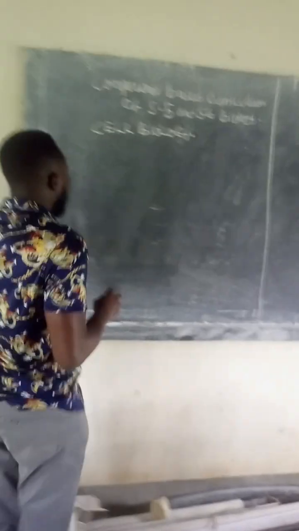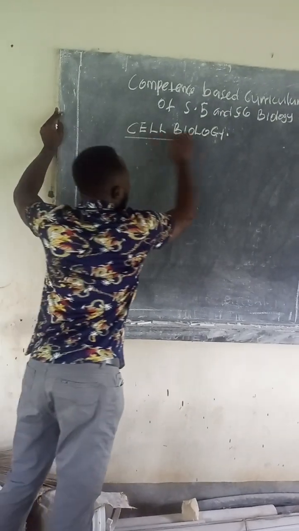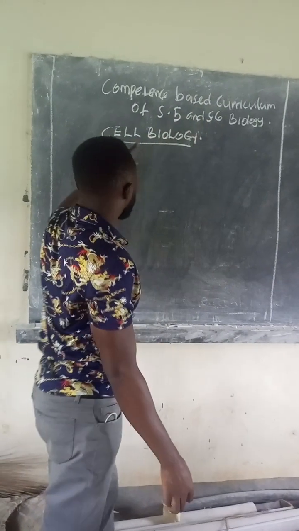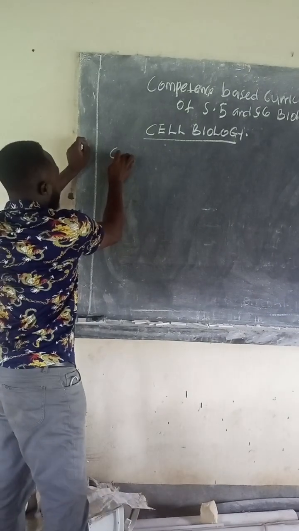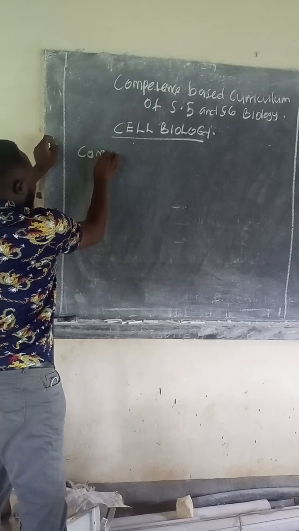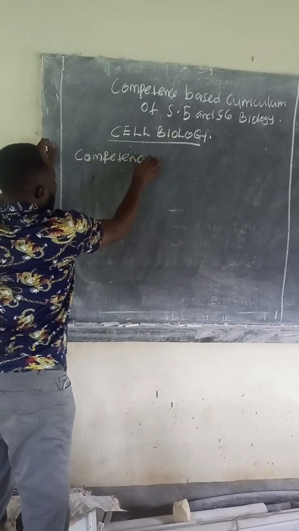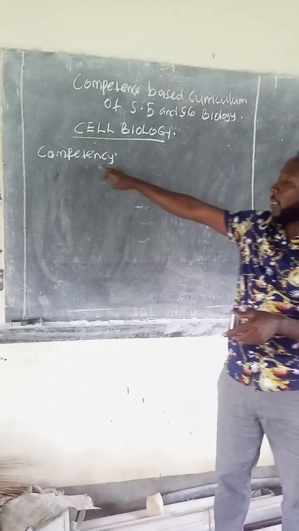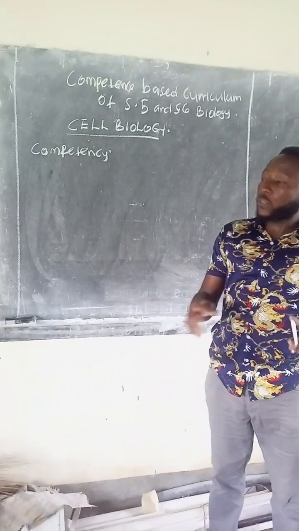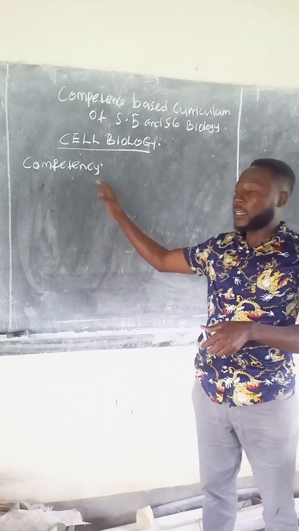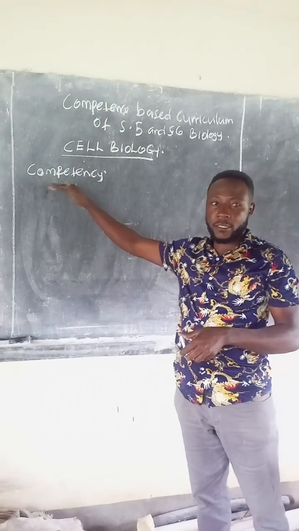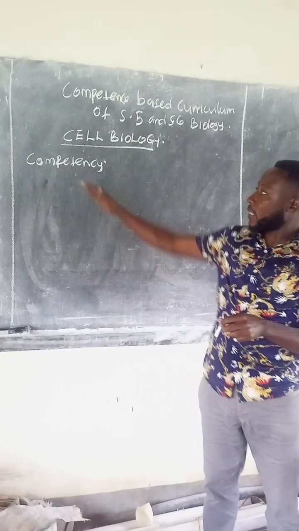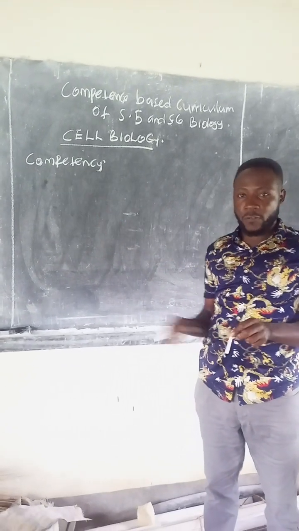Since it is a competence-based curriculum, we are going to first look at the competency of the topic. According to the ministry and the LCDC and UNEP, we're supposed to focus on what? The competency of the topic. Now, the question comes here, what is the competency of the topic?